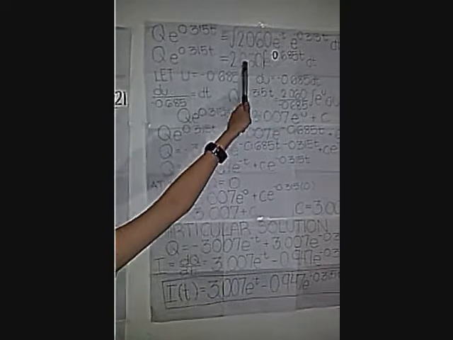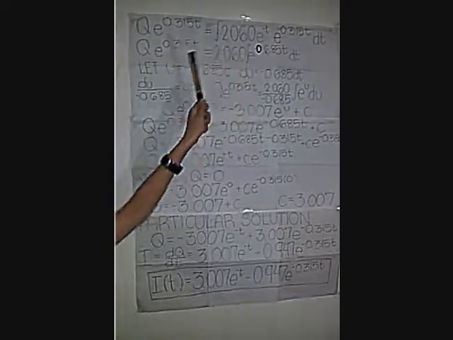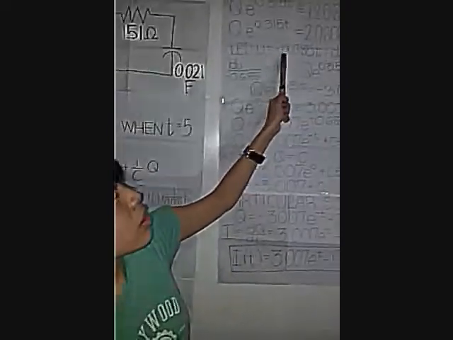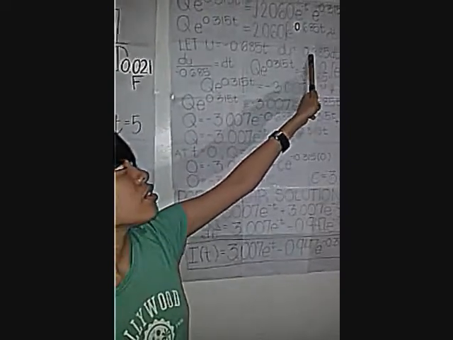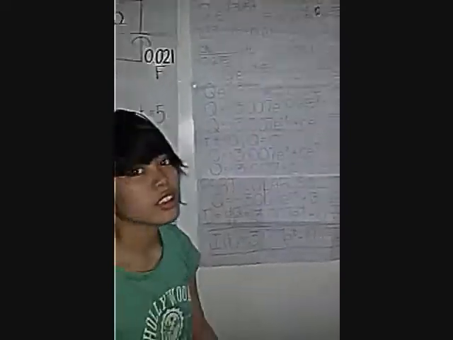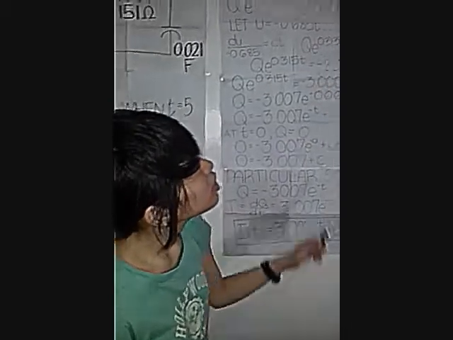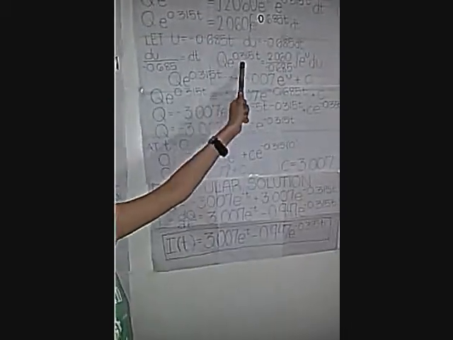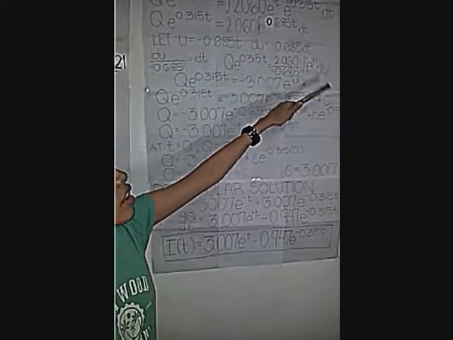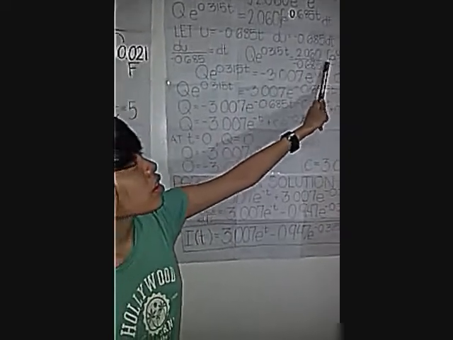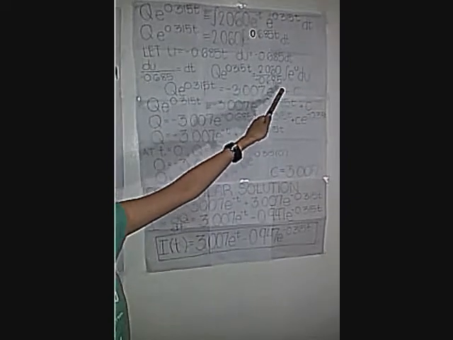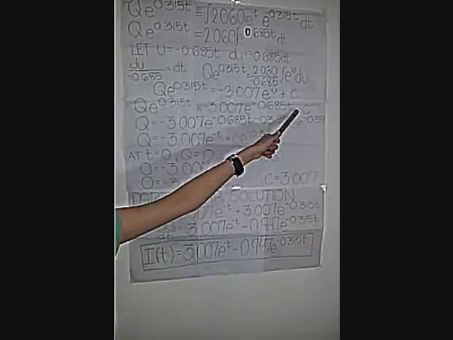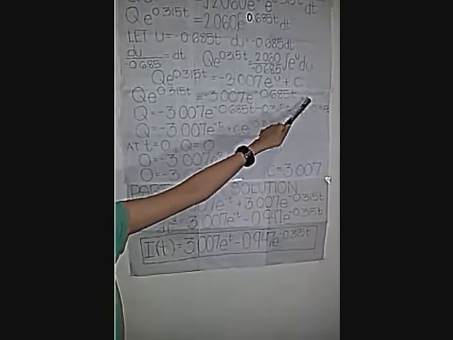We integrate the right-hand side using u equals negative 0.685 t and du equal negative 0.685 dt, resulting to this equation. And we integrate this to this and evaluate u and adding the arbitrary constant c.